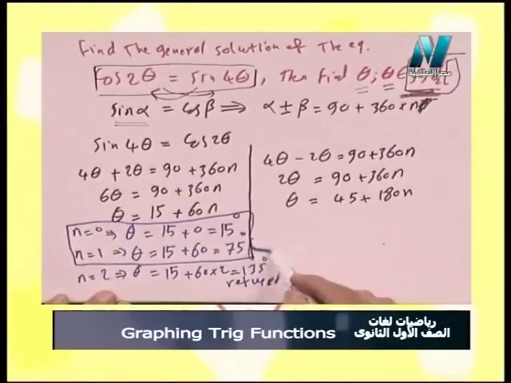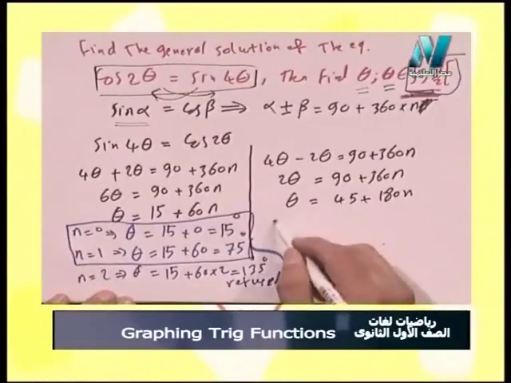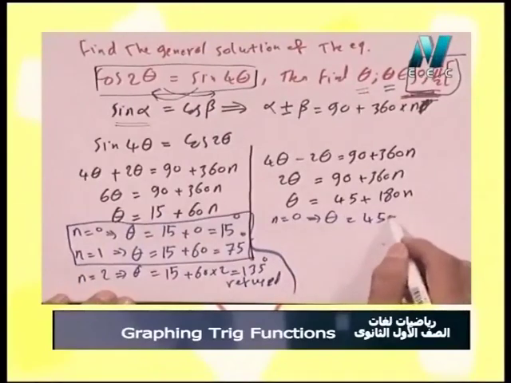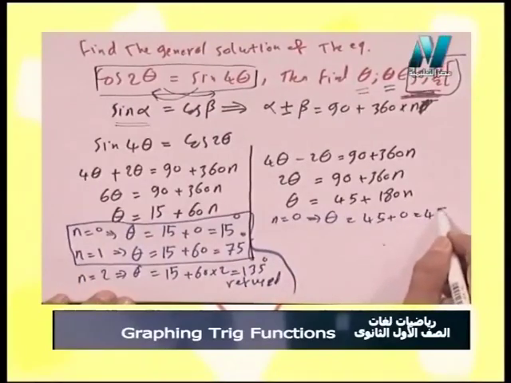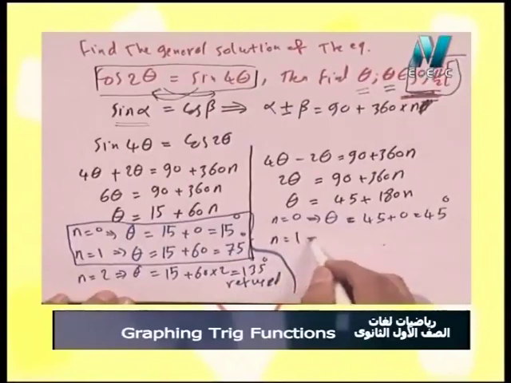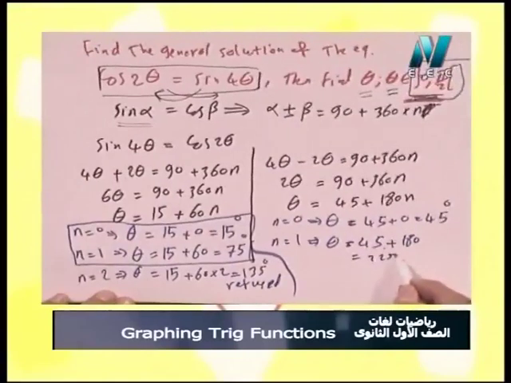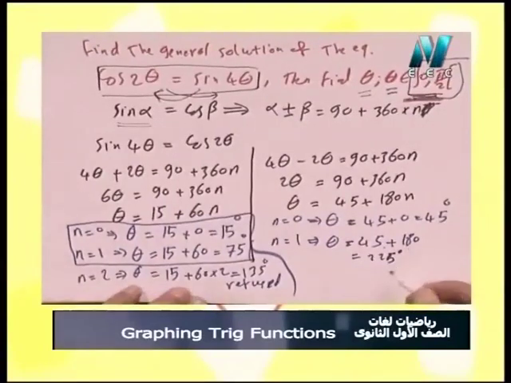When we go to the right side and put n equals 0, theta equals 45 plus 0, equal to 45 degrees, the first value for theta. When n equals 1, theta equals 45 plus 180 multiplied by 1, equal to 225 degrees, and this will be refused again because he asked me to find only the angles between 0 and 90.